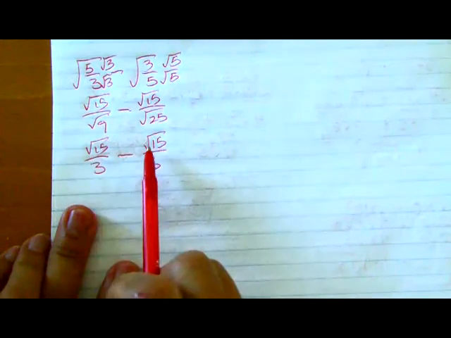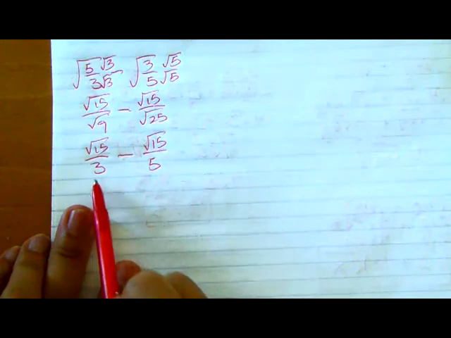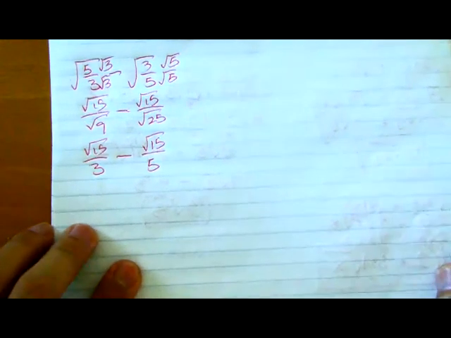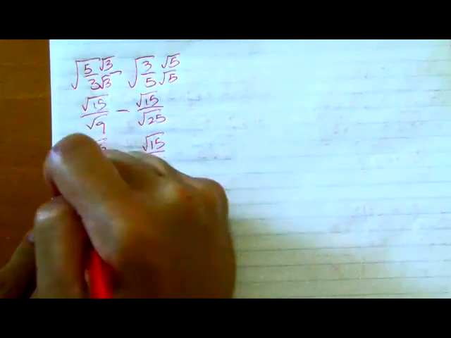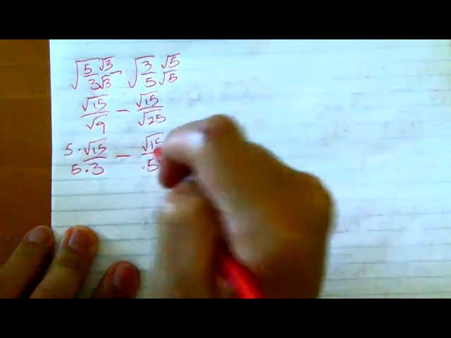The radicals match, but the denominators don't. You cannot subtract fractions unless the denominators match. So we need a common denominator. 15 is fine. We're going to multiply this one top and bottom by 5. This one by 3.